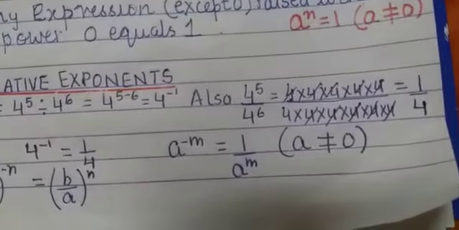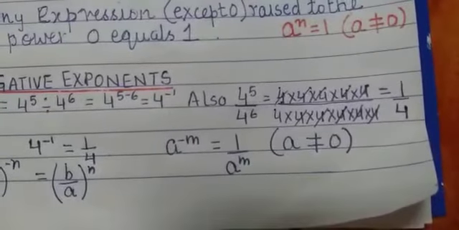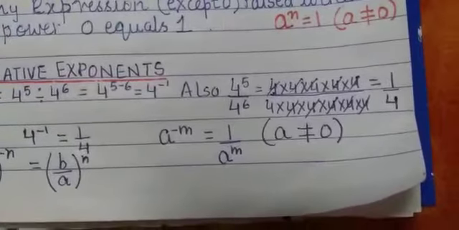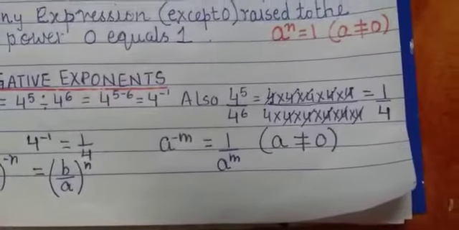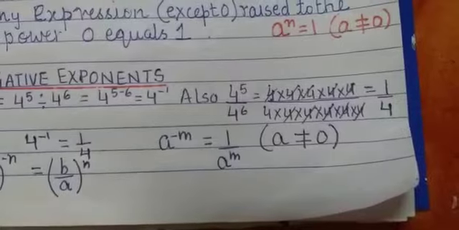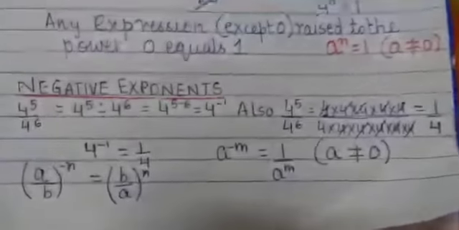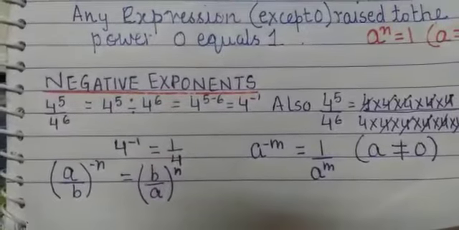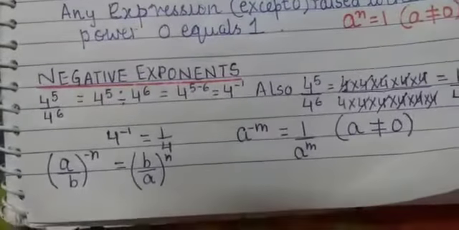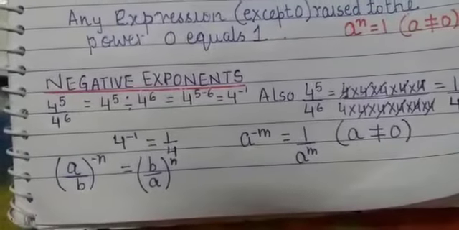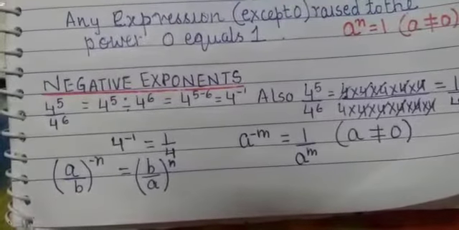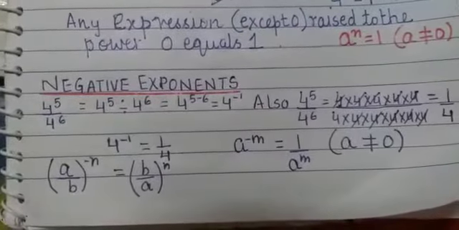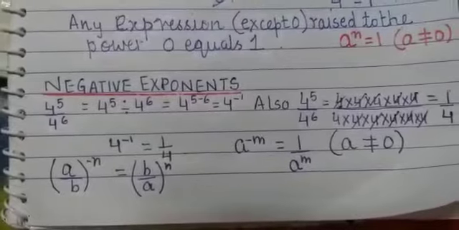So what does a to the power minus m mean? It is equal to 1 upon a to the power m, where a cannot be equal to 0. Is it clear to you? Similarly, if it is a rational number, a by b to the power minus n, what will it be equal to? It will be the reciprocal. It will become b upon a to the power n.